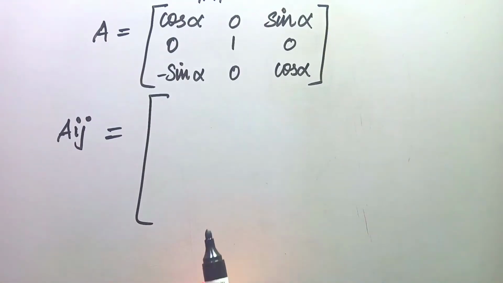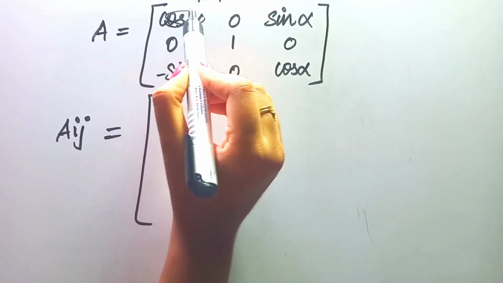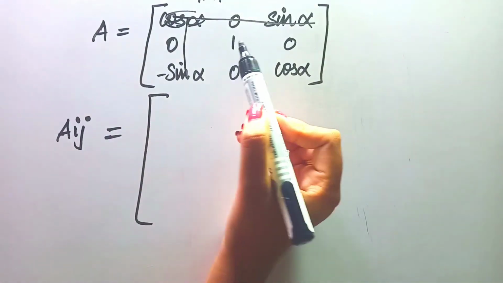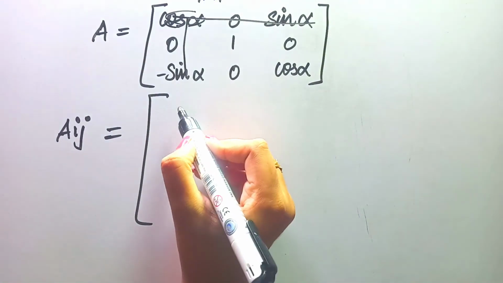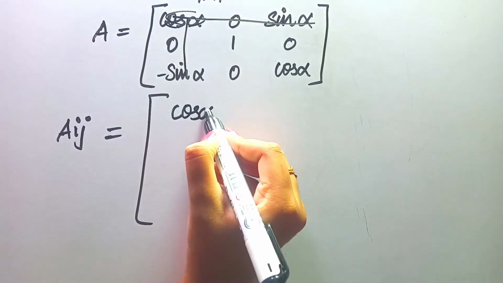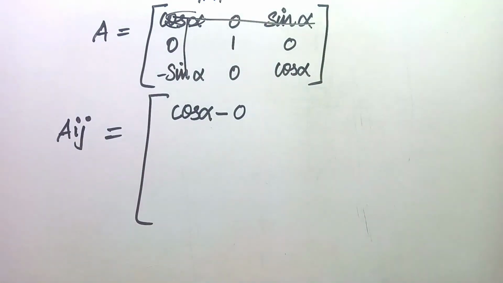First we take the first element, which is cos alpha, and we cancel both the horizontal and vertical values of that particular element. Then we'll get 1 0, 0 cos alpha, so it will be 1 into cos alpha, which is cos alpha, then we put a minus sign here, then 0 into 0 we'll get 0.